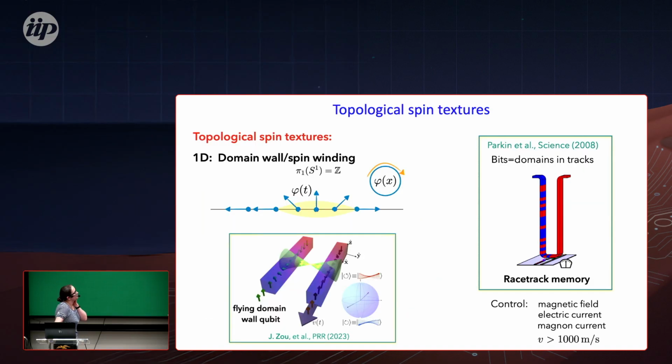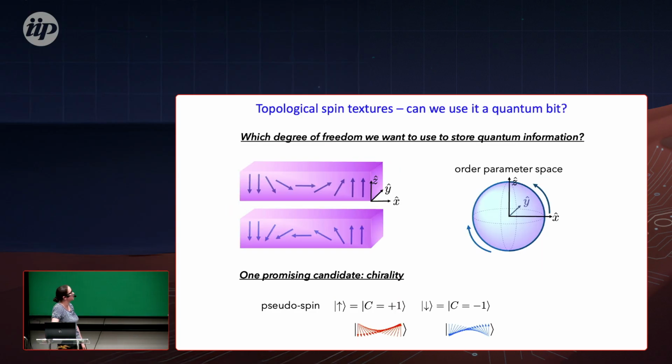Alternatively, I said we have these domain walls, and we usually use the domain walls only to transmit interaction from one qubit to another qubit in the direction of one qubit. But you can also consider, and this is a new direction in magnetic systems, treating them not classically, but also including quantum degrees of freedom.